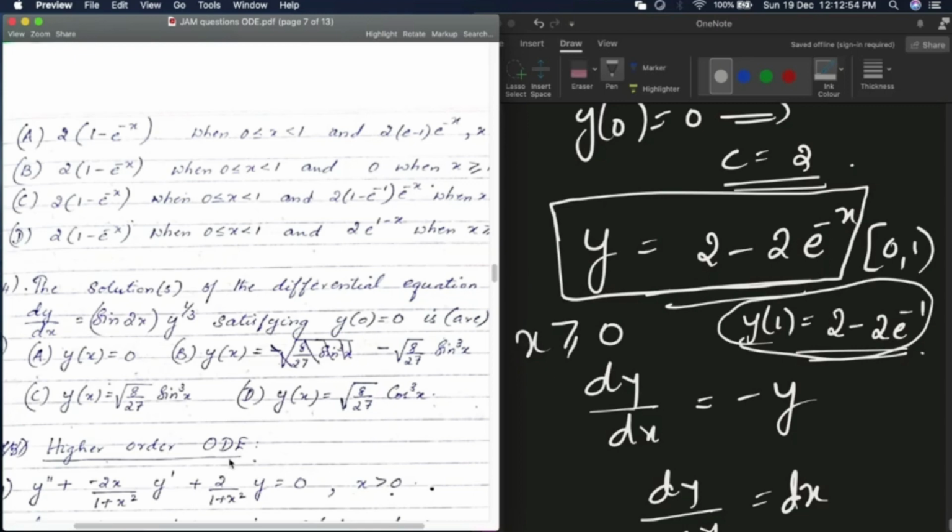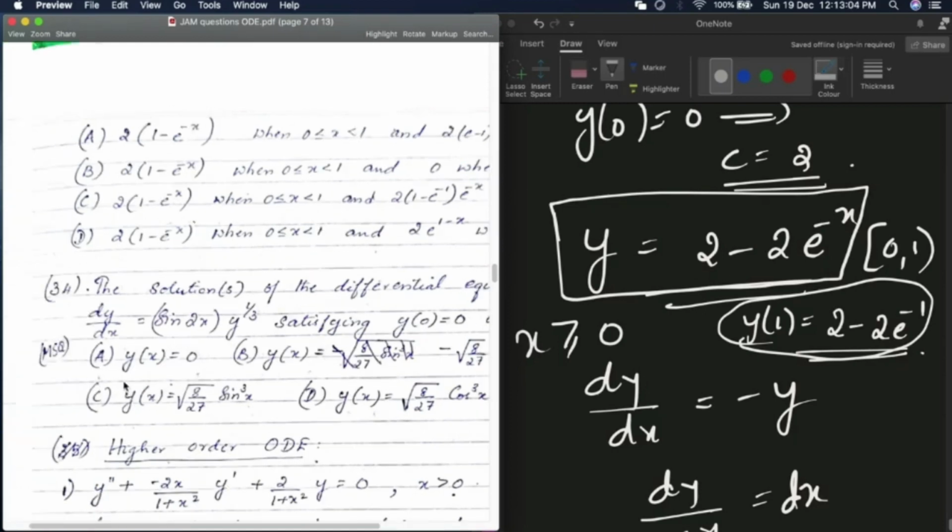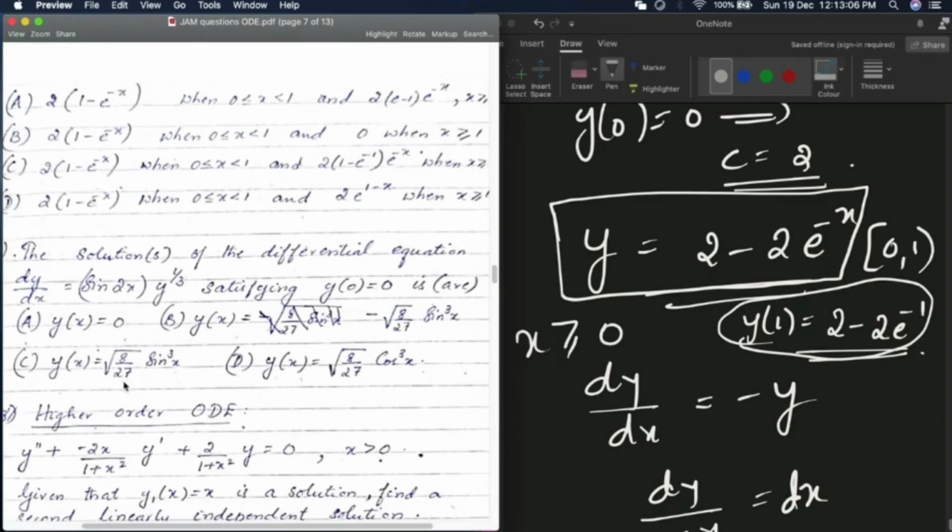The solutions of the differential equation dy by dx is equal to sine 2x y raised to 1 by 3 satisfying y of 0 is equal to 0. This is an MSQ. Y raised to minus 1 by 3, that's variable separable only. It's an easy question.